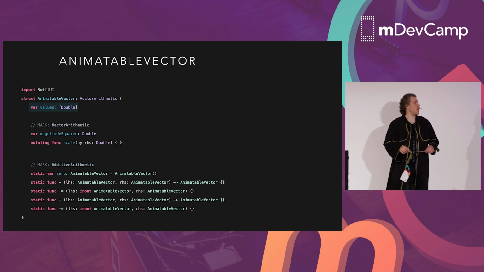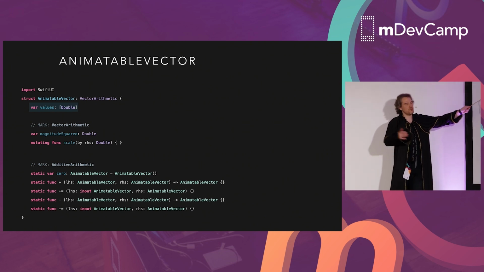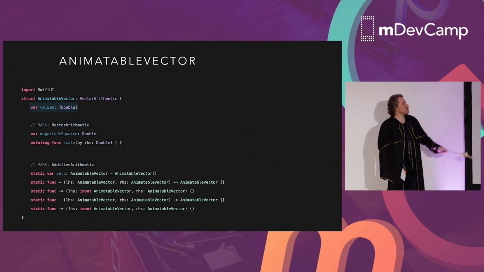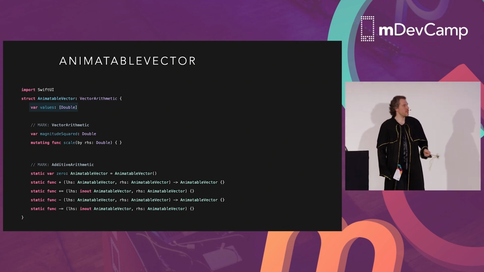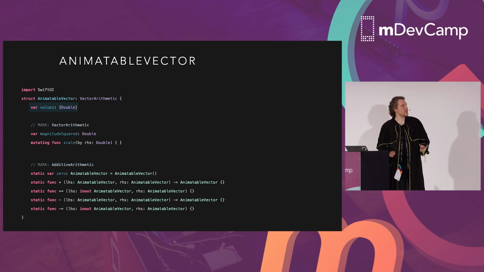So if we have our own animatable vector, it has its value stored in just a plain array, then we have to implement these operations. And for us, it's basically high school math. So it's summing and dividing and scaling of the vectors.